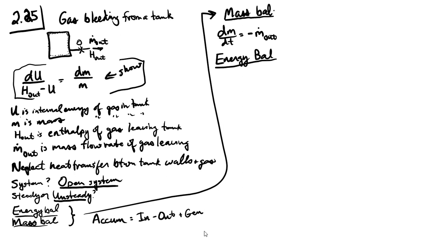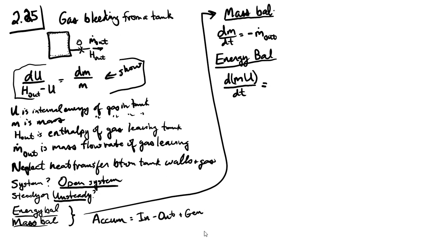All right, so accumulation is going to be d(m times u), so this is the mass times the internal energy. So that's the total energy, because remember, our internal energy is kilojoules per kilogram or joules per gram or whatever, it's a specific internal energy. So we have to multiply it by the mass at that given time. So that's our accumulation.